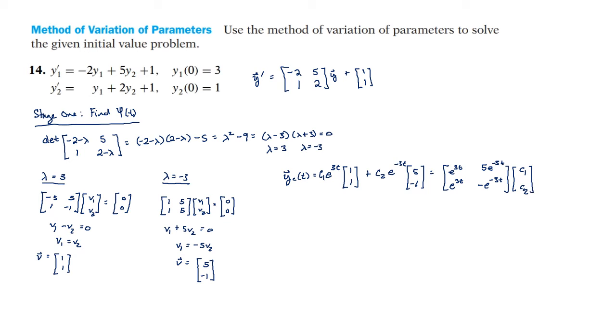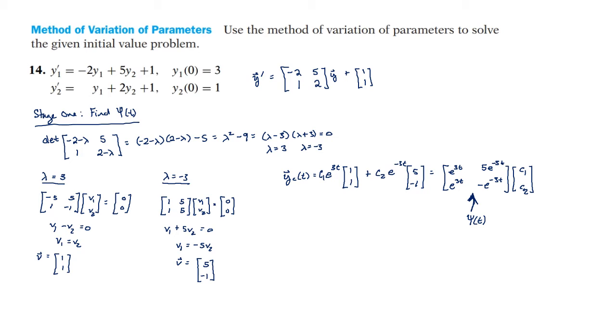Remember that this matrix made up of these two vectors is a situation where each column has a solution in it, and this should give me a fundamental set of solutions. So this matrix is my matrix psi of t. If you want to check, all you have to do is take the determinant of this and see that it's non-zero. Our main diagonal gives us back -1, and our minor diagonal gives us back 5, so the determinant is definitely not 0.